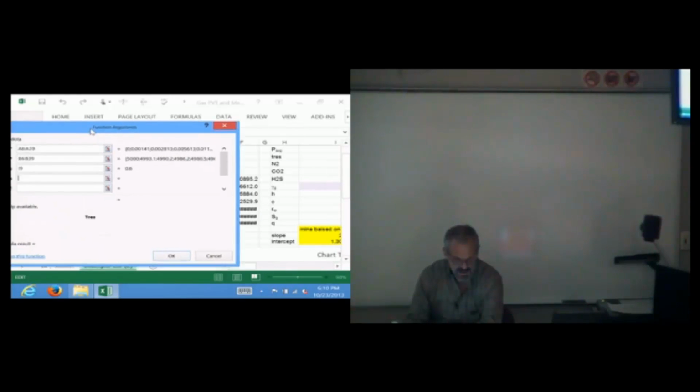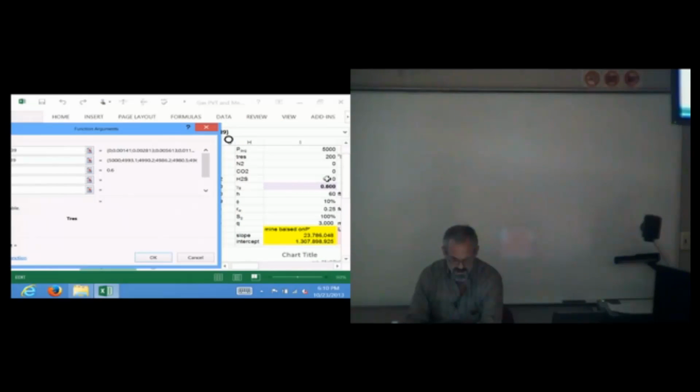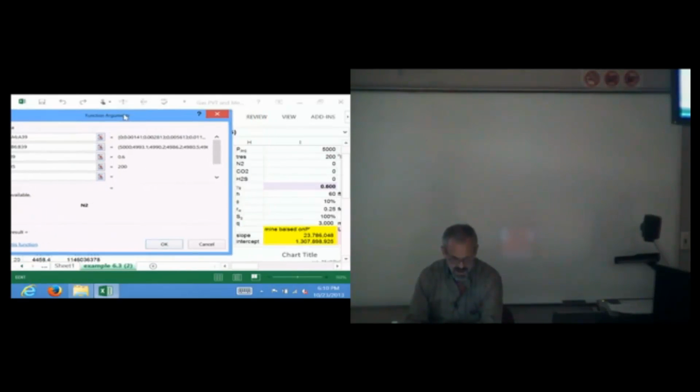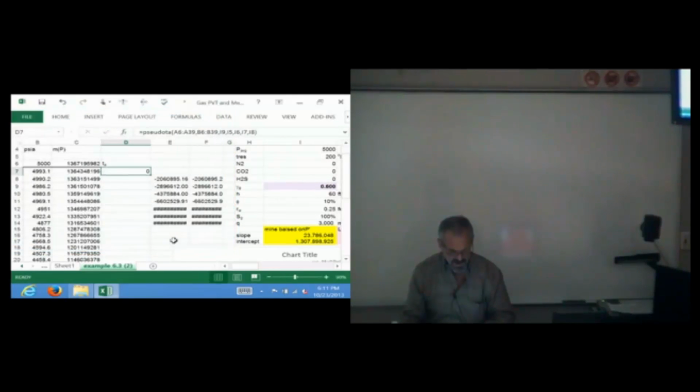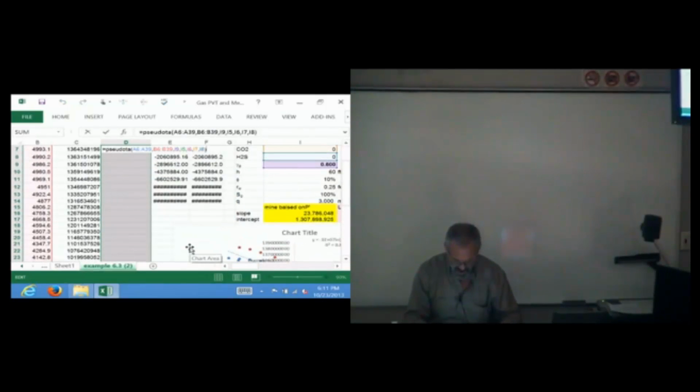It needs my reservoir temperature, 200, and it needs my N2, CO2, H2S. And it's going to build me a whole array, and I highlight where I might want my array to go, starting in my calculated cell, and hit F2, Control Shift Enter.